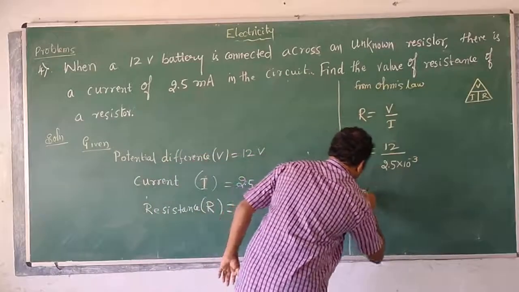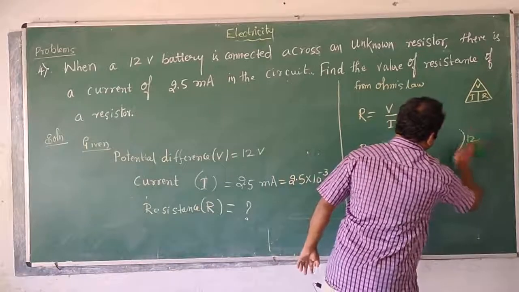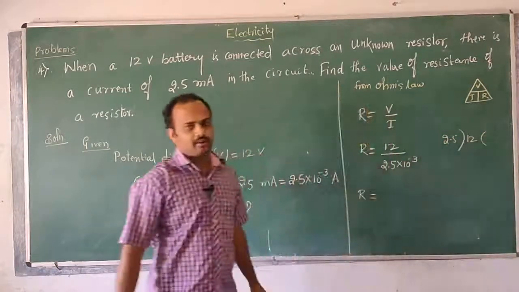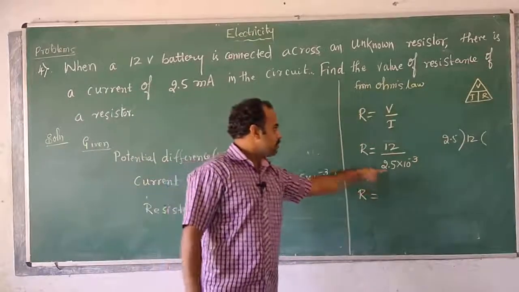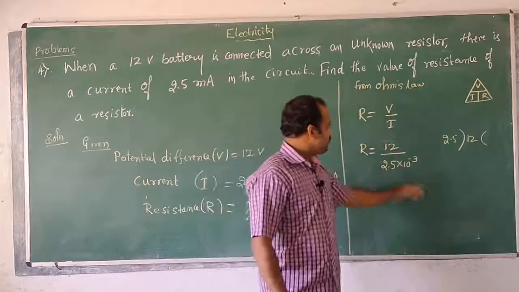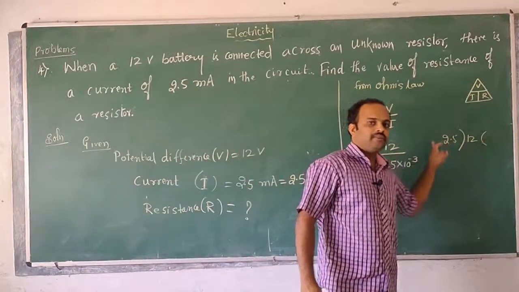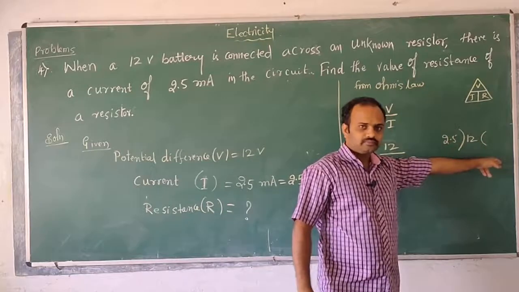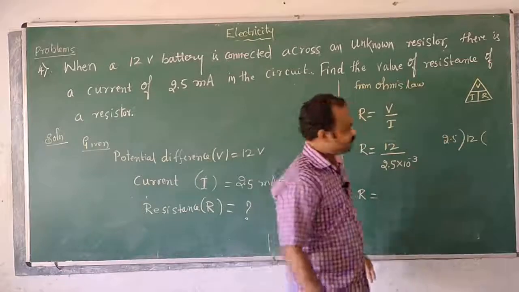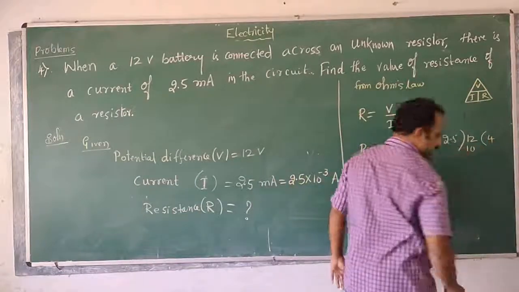Therefore R is equal to 12 divided by 2.5. You have to divide 12 by 2.5. 2.5 into 5 is 12.5, which is higher, so take 2.5 into 4, which is 10.